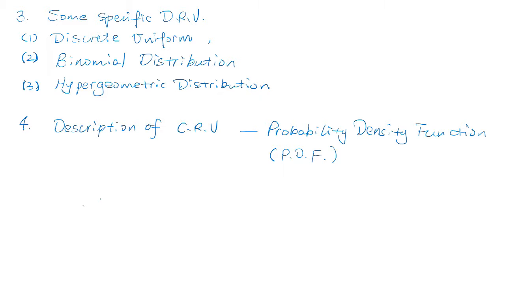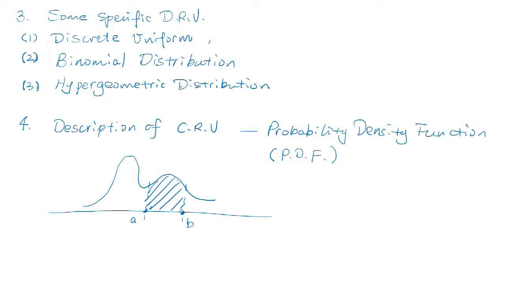For any probability density function, for example, one of any shape, and we have two constants, A and B, the probability of x lying in this interval is the area under the curve between this interval. Okay, and after that, we only learned one specific continuous random variable, which is the normal distribution.